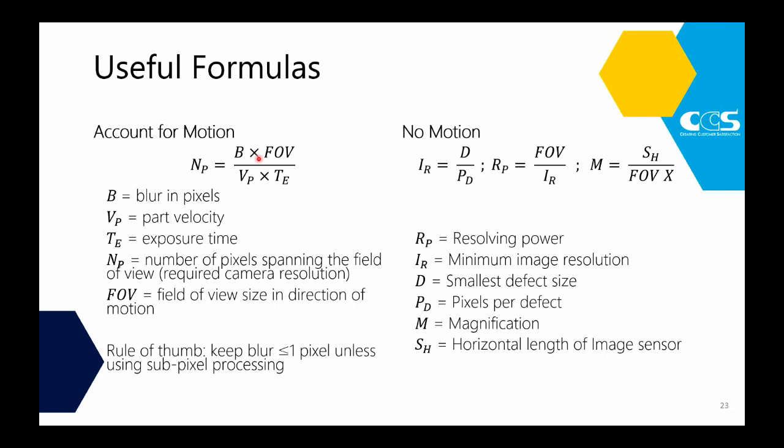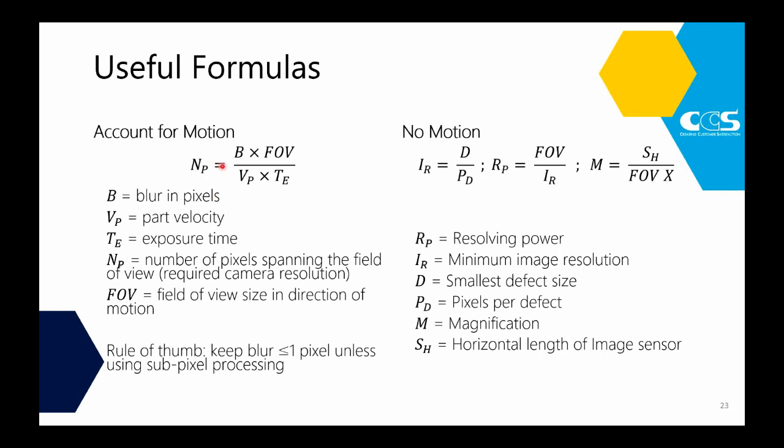The rule of thumb for blur is 1 or less, unless you do sub-pixel processing, which some cameras or programs offer. A lot of times we'll multiply it by 0.9 just to be safe, but 1 works well as well.